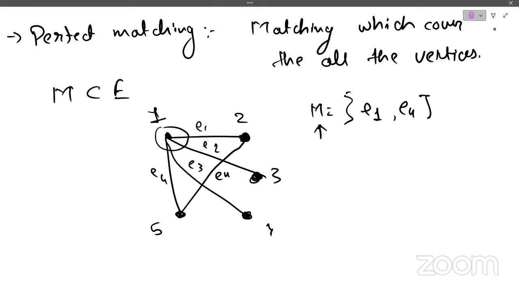So the vertices covered by M are basically E1 covering 1 and 2, and E4 covering 5. So this is not a good example for perfect matching.